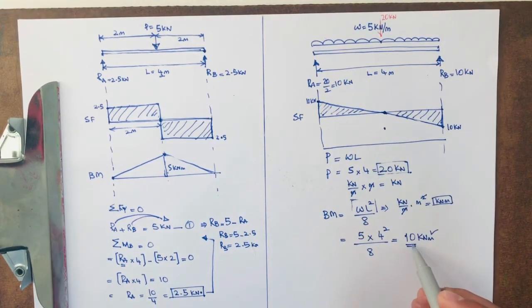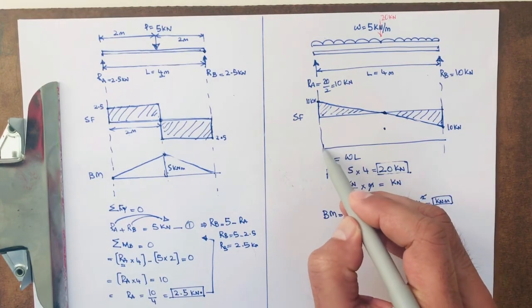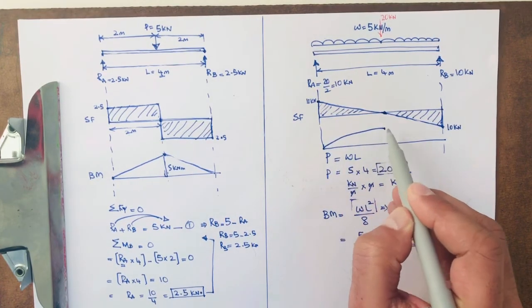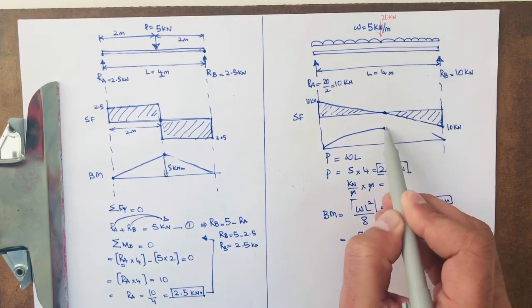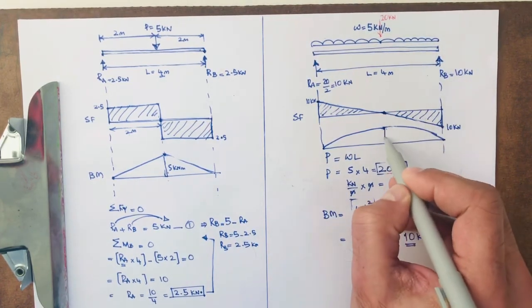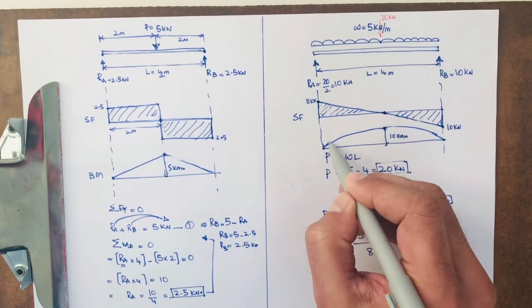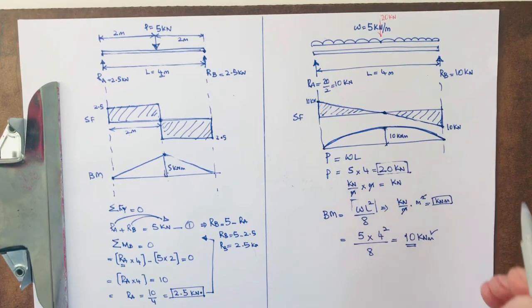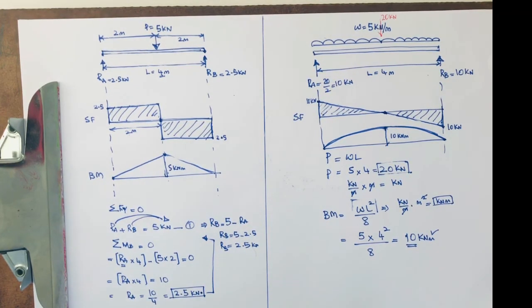But obviously we have already worked out the bending moment, 10 kilonewton meters, so 0 at the end, rising to 10, and then coming back to 0 there, and the maximum is 10 kilonewton meters. This is how you draw the bending moment diagram for a simply supported beam with a UDL force. Thank you very much for your time, and I hope to see you in the next video.